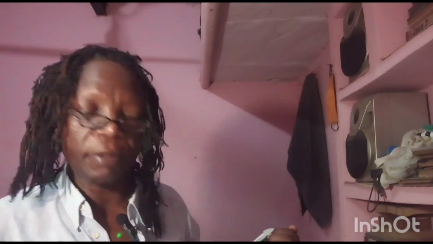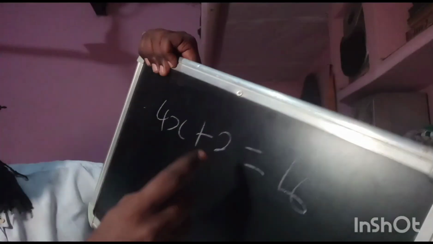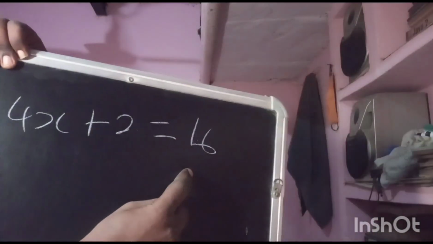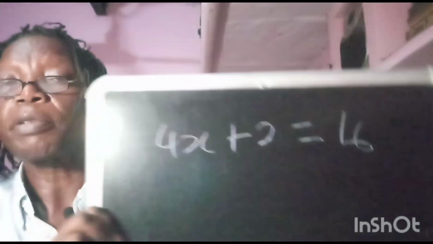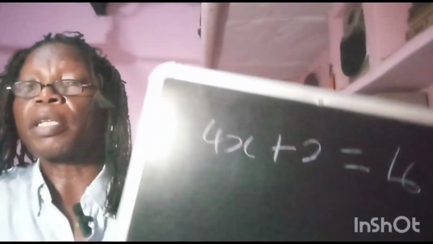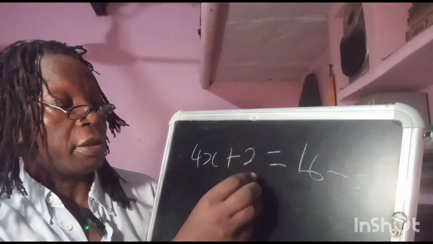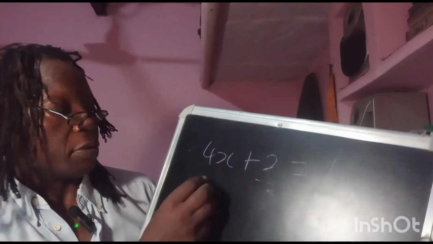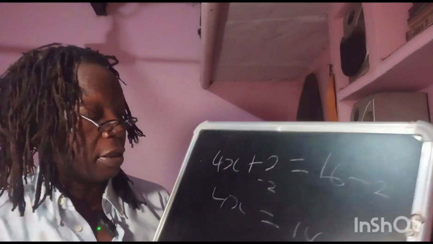I'm giving low values so that you can see. 4x plus 2 is equal to 16. So what do we do? In order to find the value of x, the board, sorry guys, the board has to move around because I have to write and show you. So we subtract 2 from both sides. Okay, so we have 4x is equal to 14.